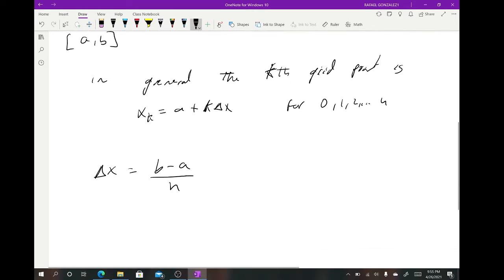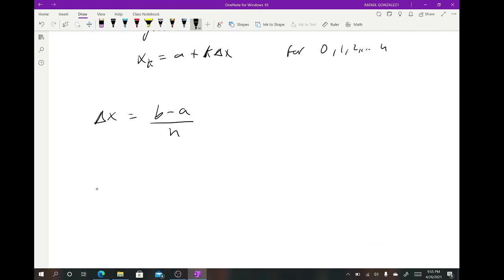So if somebody comes up to you and they tell you, okay, say you have f of x equal to negative x squared plus 5 again, the one that we had, and you're looking at the closed interval 3 to 10. And somebody tells you, I want 50 partitions instead of 5 like we had before.